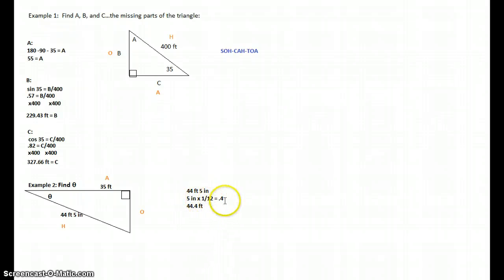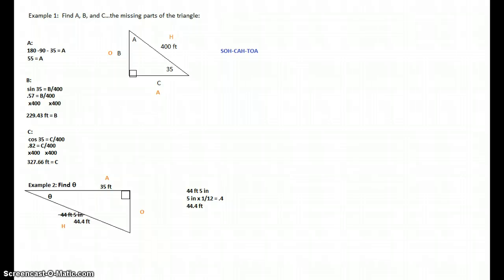So I get 0.4. That's what 5 inches is in feet. So ultimately I have 44.4 feet that I'm really dealing with. So on this problem, I'm going to scratch out 44 feet 5 inches and put 44.4 feet in its place. Now all of my units are the same in my problem.